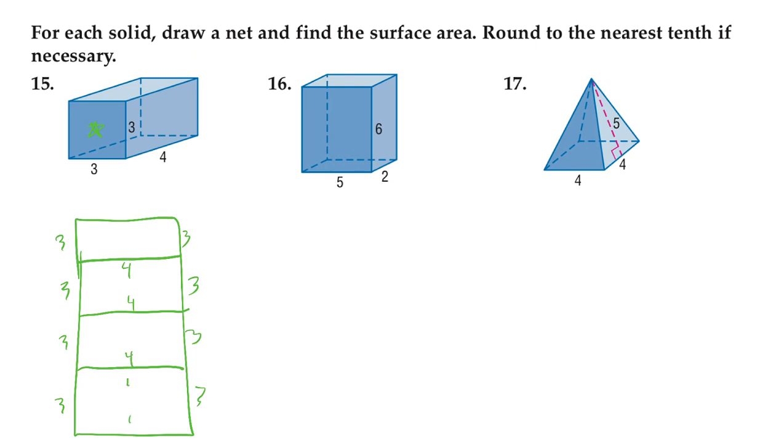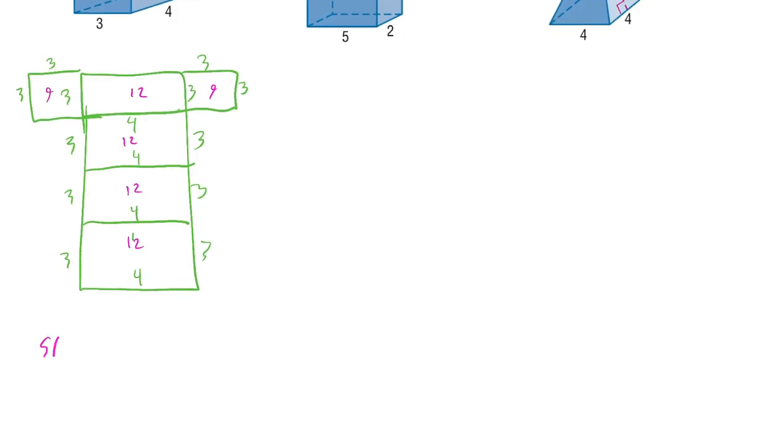So I unwrapped the sides of this, and then out of any one of these edges, we have the 3 by 3 square sticking out. And so the areas of all these are 9, 9, 12, 12, 12, 12. So the surface area here is just 2 9s plus 4 12s, or 18 plus 48, which is 66.